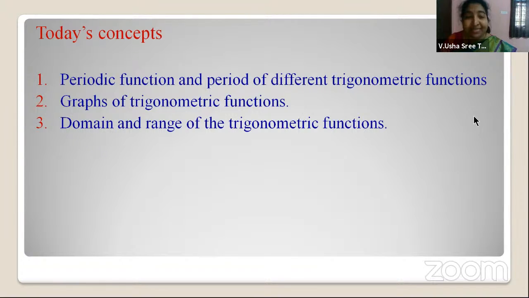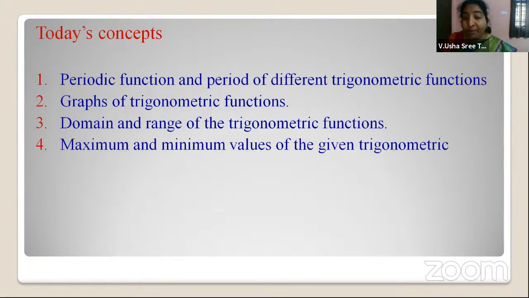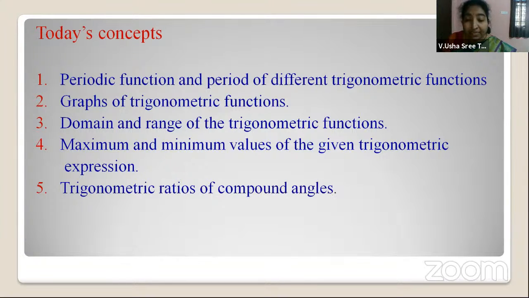When I say domain and range, it should flash in your mind the concepts of domain and range in the functions topic we have discussed, isn't it? Then we'll see maximum and minimum values of the trigonometric expression given to us, and then trigonometric ratios of compound angles. And also, we will try to solve the problems on all these concepts.